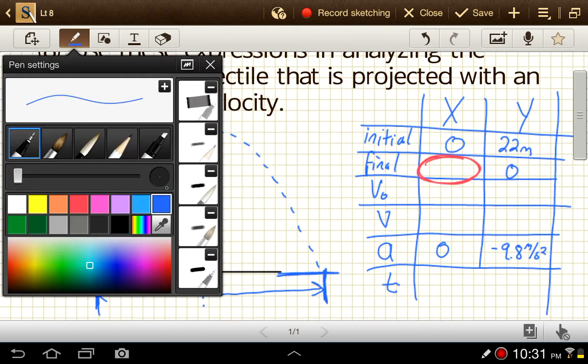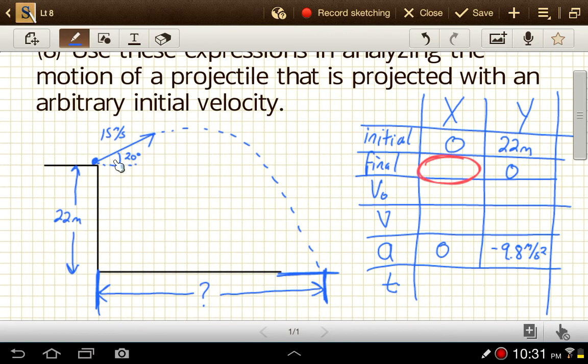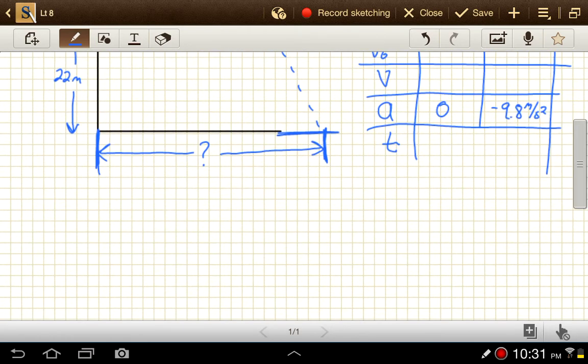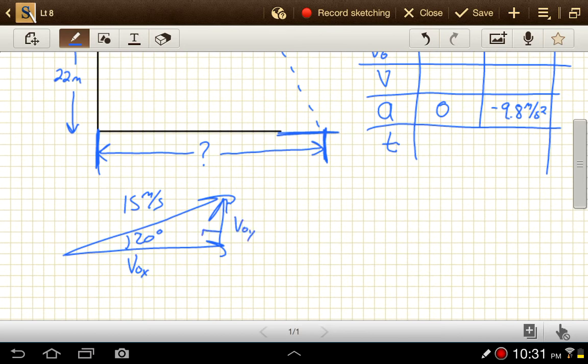Okay, and then we have also this 15 meters per second at 20 degrees above horizontal. Now, I can't put that into x or y because it's got components in both directions. So let's figure out what those components are. This is our vector resolution stuff we worked on a few videos ago. So we got 15 meters per second at 20 degrees. This will be v naught x, and this will be v naught y, and a right angle there.